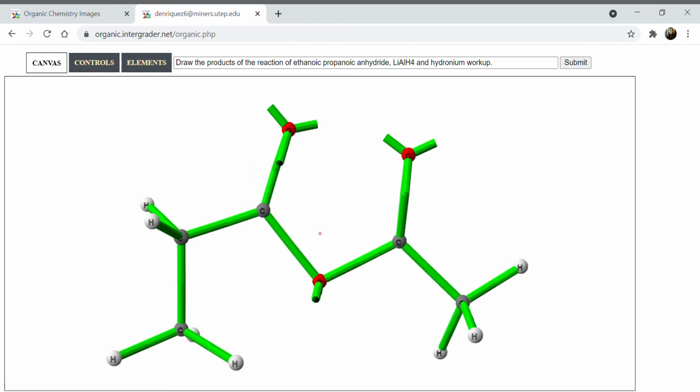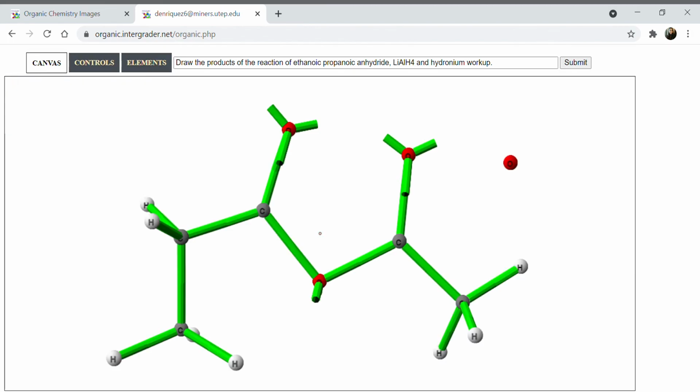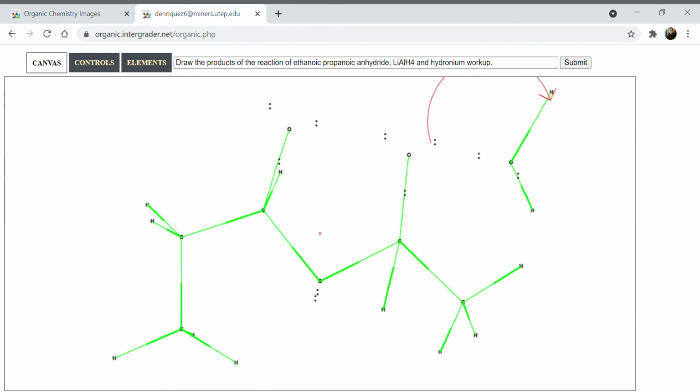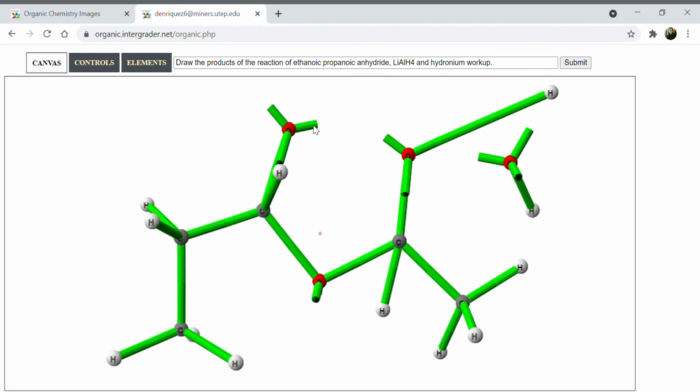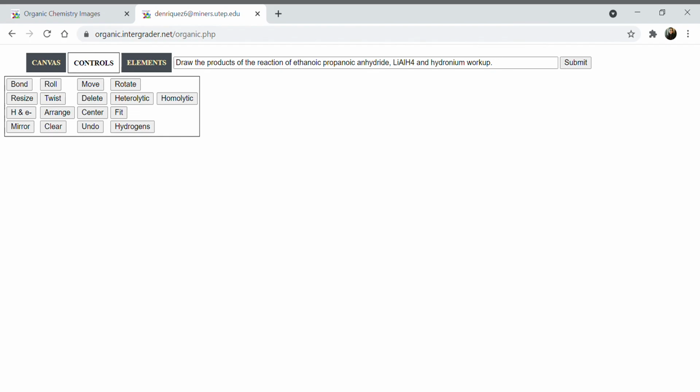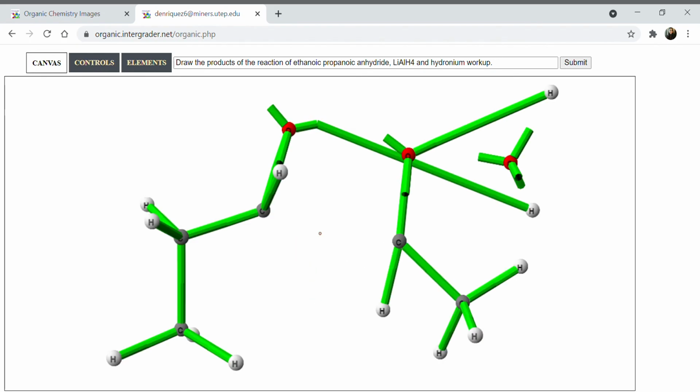I'll release these bonds. I'm going to go ahead and add my water because I want to take hydrogens from there. And I'll go ahead and take this one, bring this back, take this hydrogen, bring it back, and then I'll go ahead, I'm going to delete that molecule.